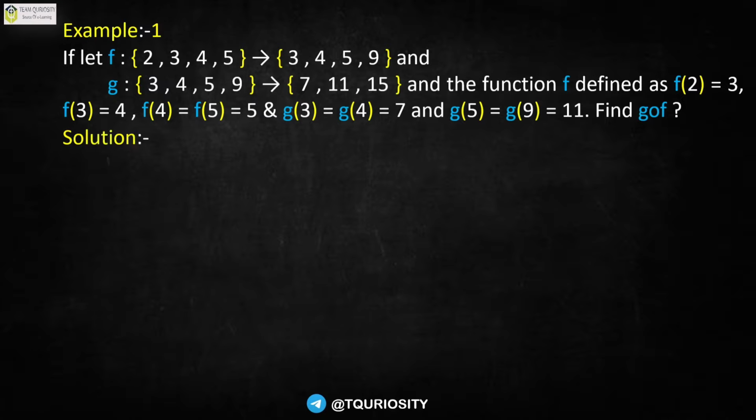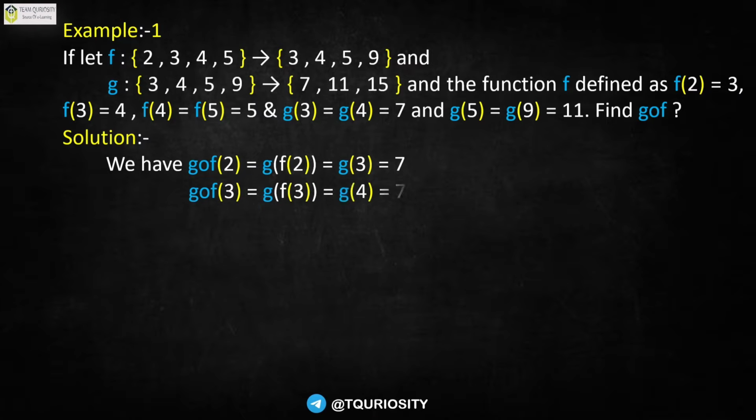The solution is, from the given data of the question, g o f of 2 can be written as g of f of 2, which can be written as g of 3 as f of 2 is equal to 3. Now the solution of g of 3 is equal to 7. Similarly, we can write g o f of 3 is equal to g of f of 3 is equal to g of 4 as f of 3 is equal to 4.